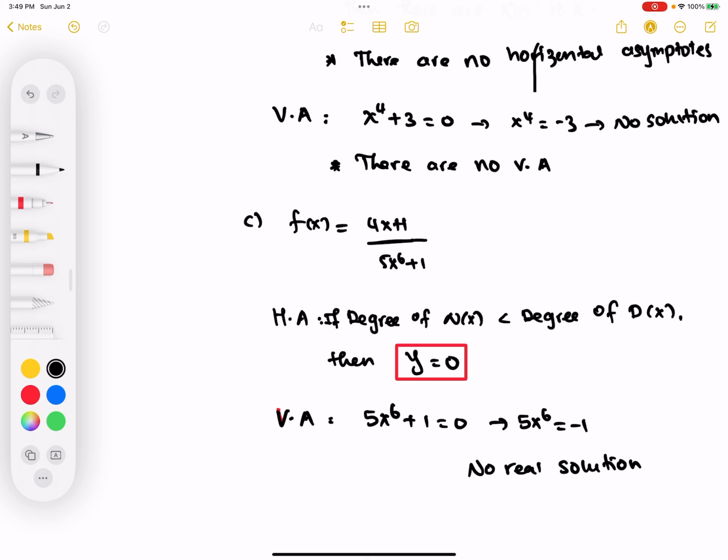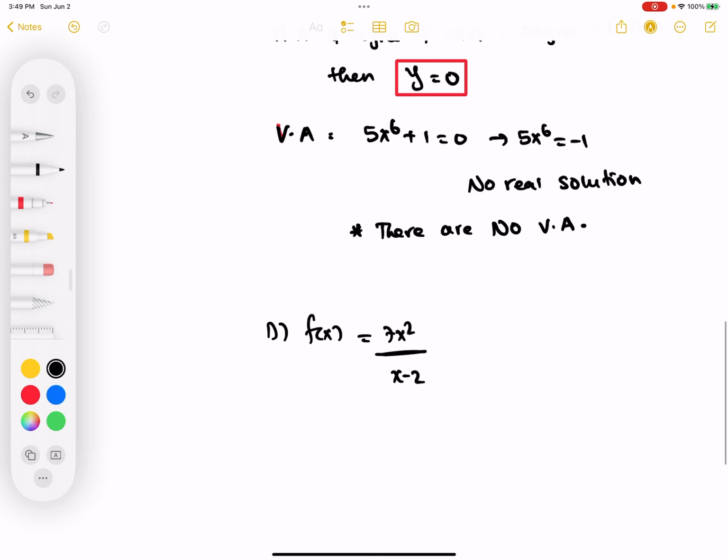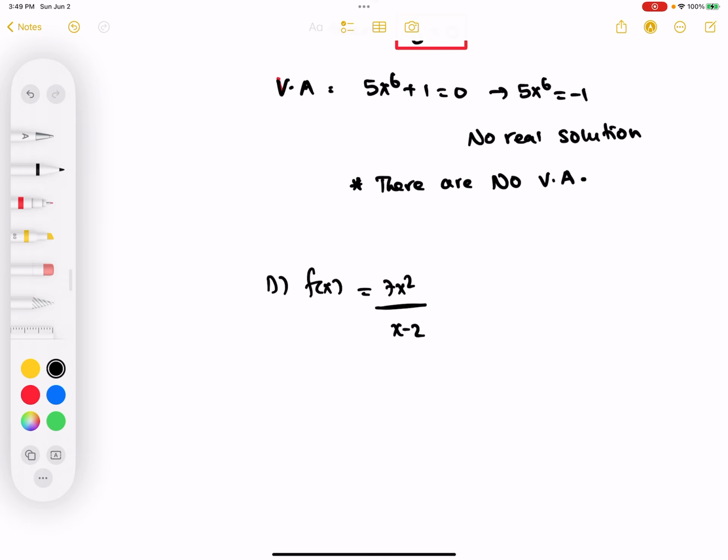So there are no vertical asymptotes for this case as well, because you can't find a solution for 5x to the 6 equal to negative 1.